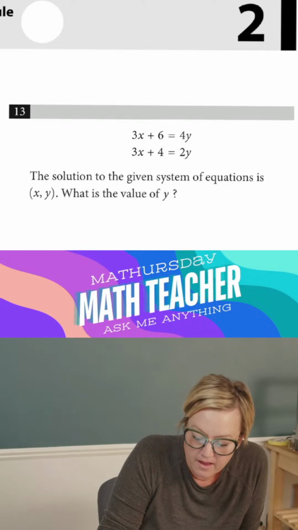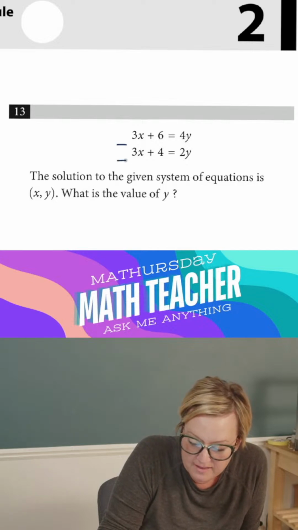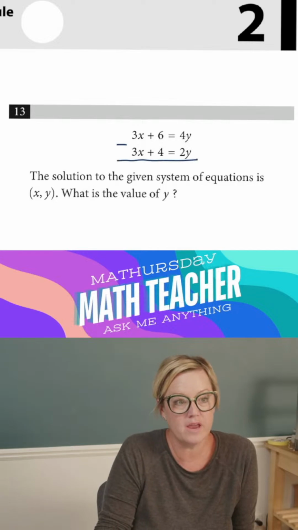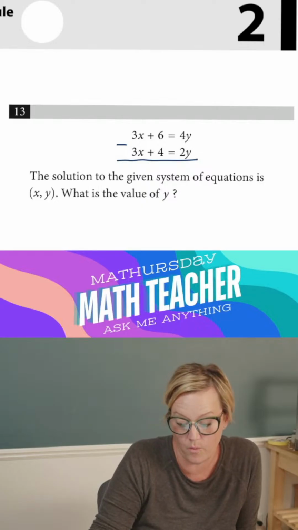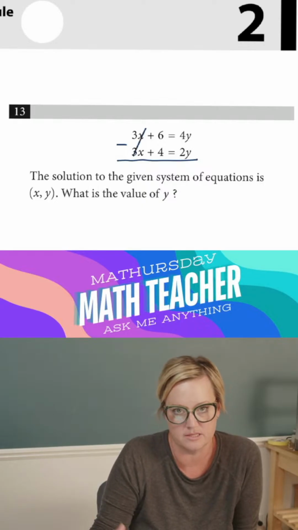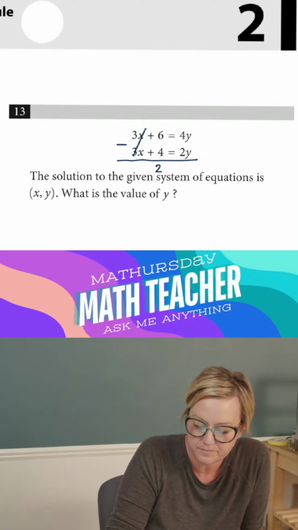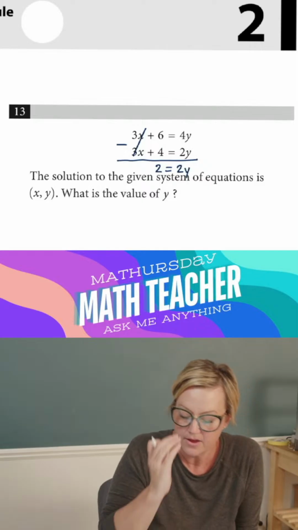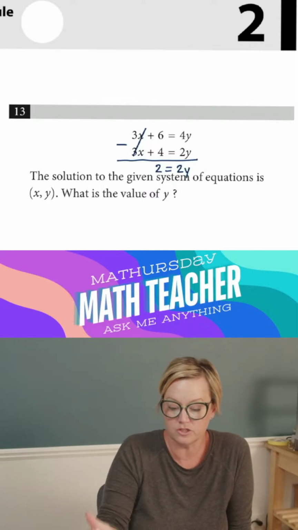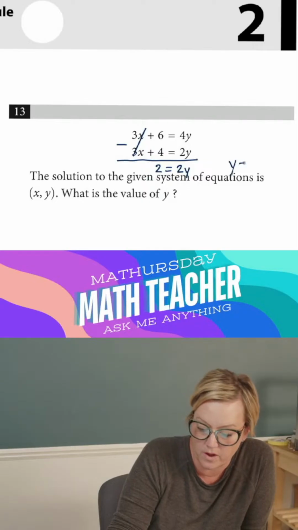If I subtract these, I've got 3x minus 3x, which goes away because that's 0. 6 minus 4 gives me 2. 4y minus 2y gives me 2y. So now I know that 2 equals 2y, so y equals 1.